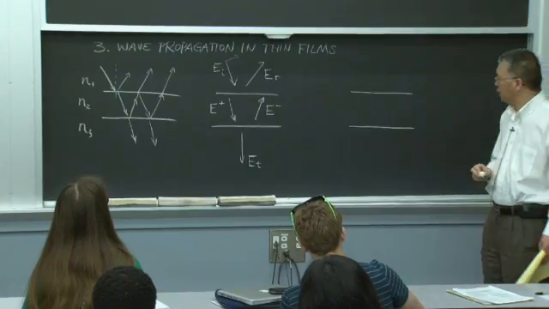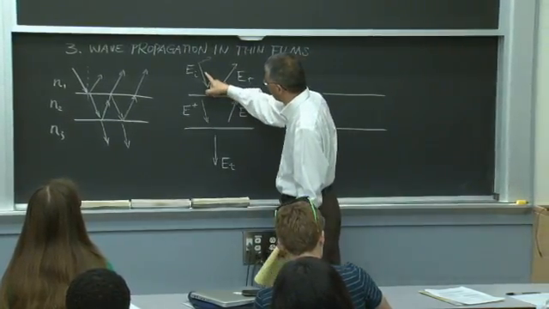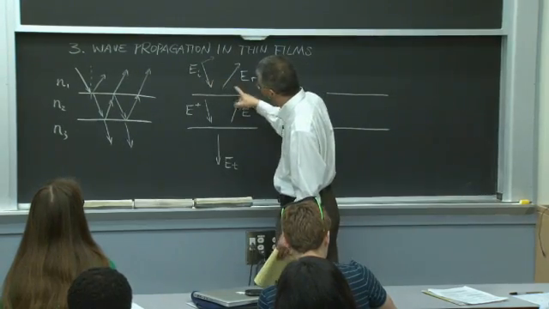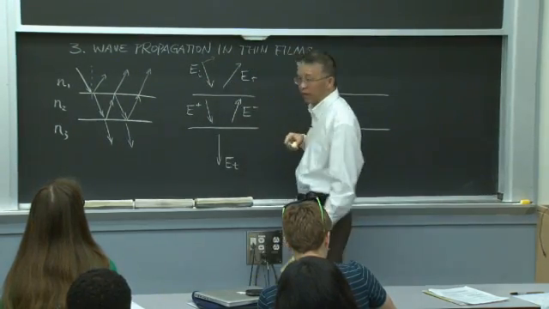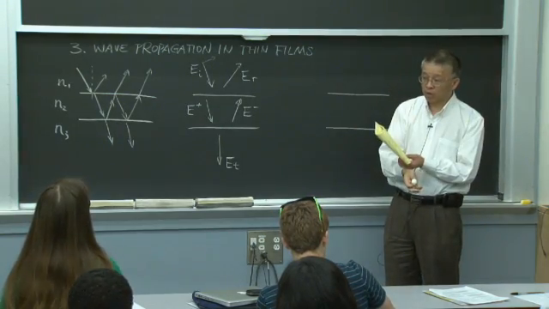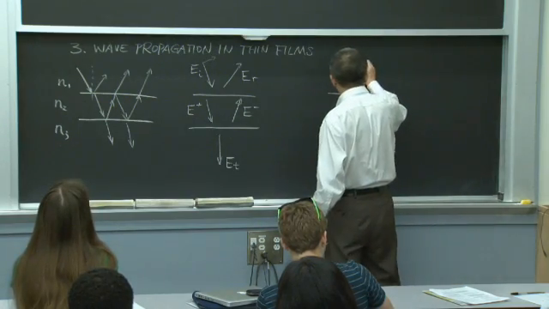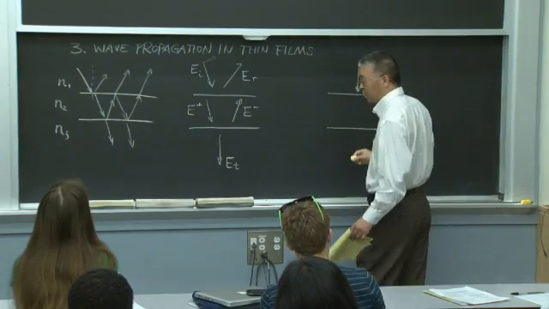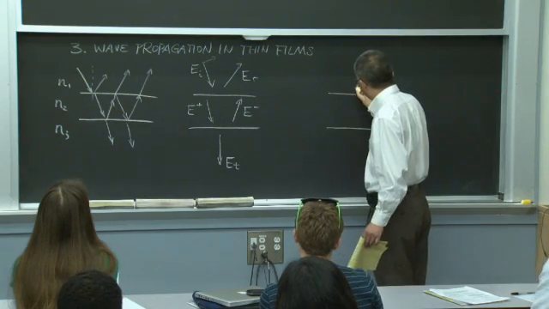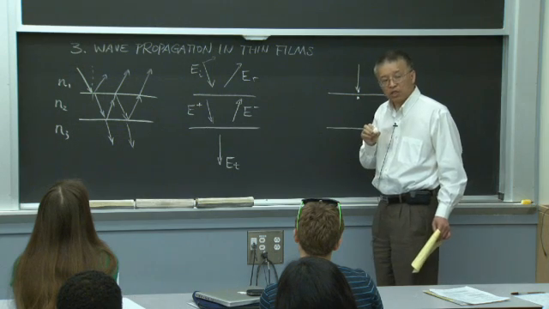And the matrix format is this: I consider the total electric field. I don't distinguish incident and reflected; I use the total local electric field and the total magnetic field. The point I want to use is the continuity.